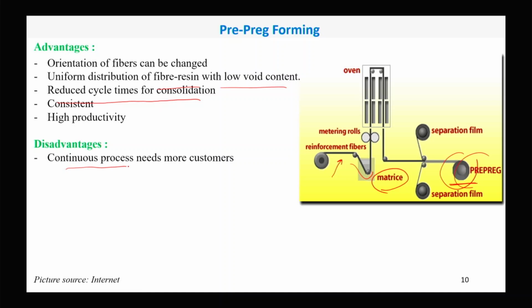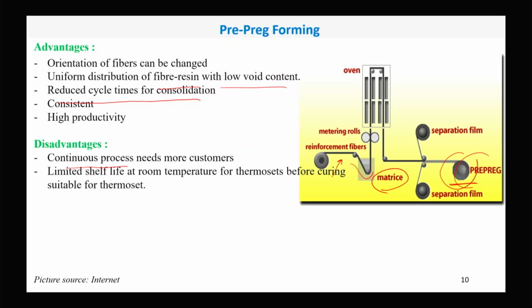And the disadvantages are there. As it is a continuous process, we need a large volume. If we want to produce a small volume, this process is not the right process. So we need large volume. Limited shelf life at room temperature for thermosets before curing.